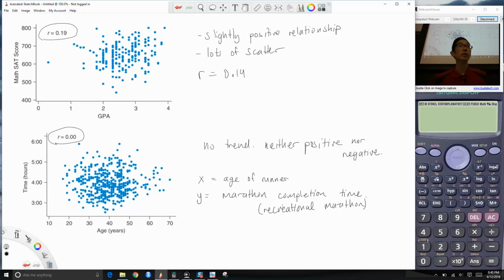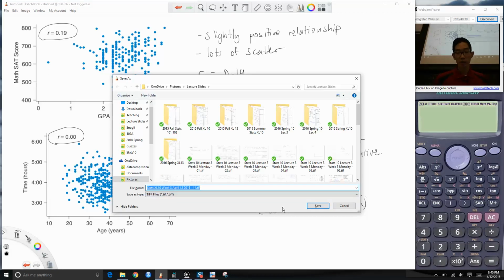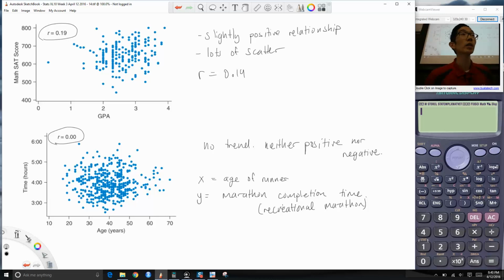Is the correlation always told to us, or do we have to figure it out? So the correlation is the result of a formula that we are not going to learn in this class. So as far as this class goes, I will always provide the correlation to you, okay?